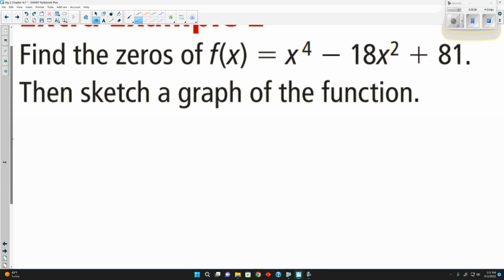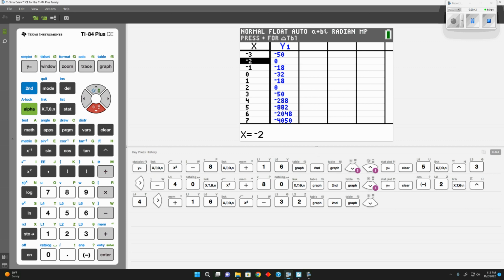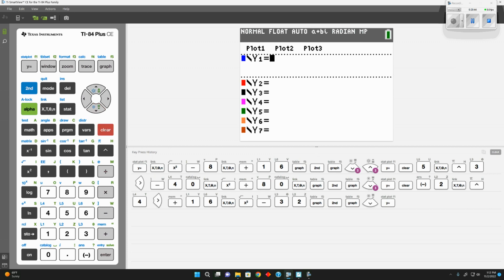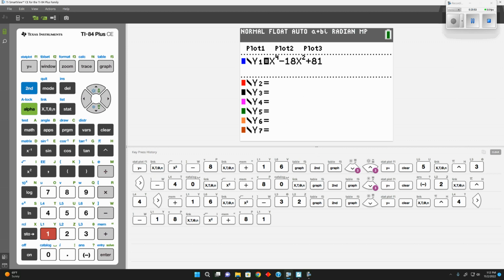So if we look at this one here, x to the 4th minus 18x squared plus 81. We can graph it. So we can type it in there and hit graph.